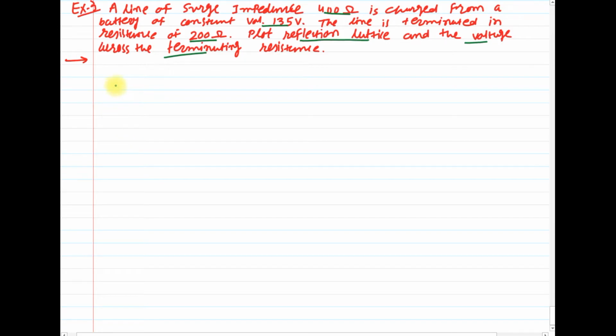So let us consider it is given that the battery or supply voltage is 135 volt, and this is a transmission line with the surge impedance of 400 ohm, and this line is terminated in a resistance, or I can say impedance, of 200 ohms.